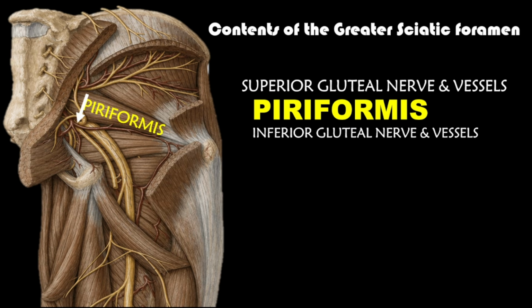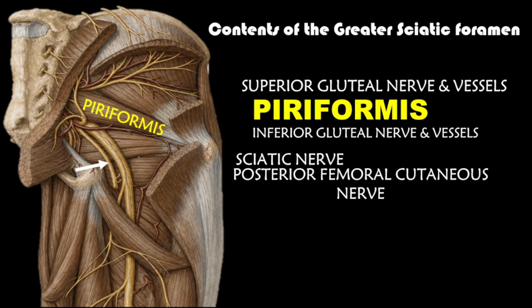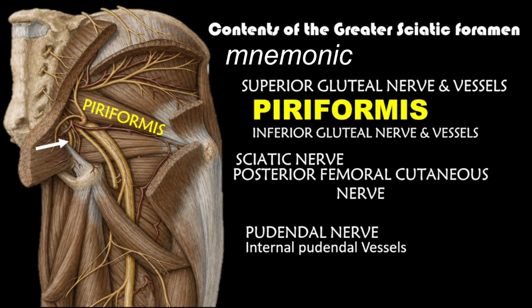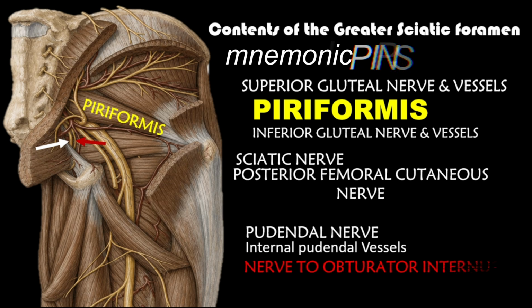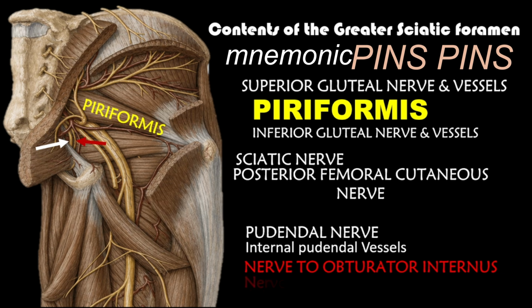Other structures below the piriformis include the sciatic nerve, which is the largest nerve in the body. Running closely medial to the sciatic nerve is the posterior femoral cutaneous nerve. The pudendal nerve, which may be intertwined with internal pudendal vessels. Nerve to obturator internus. Nerve to quadratus femoris.